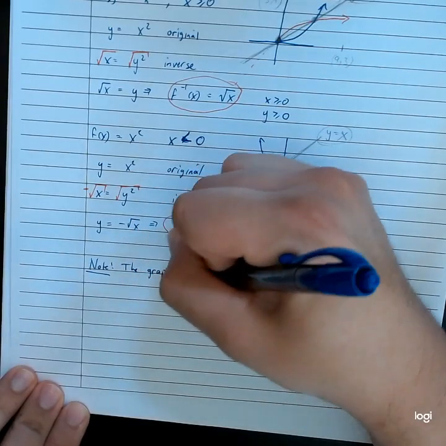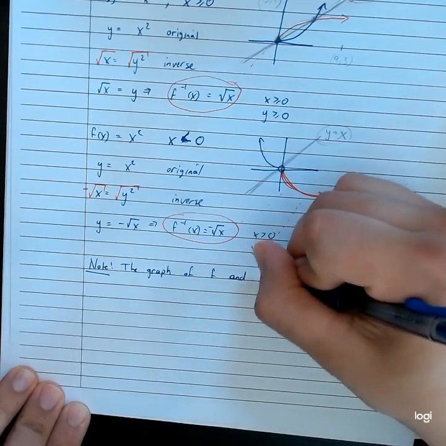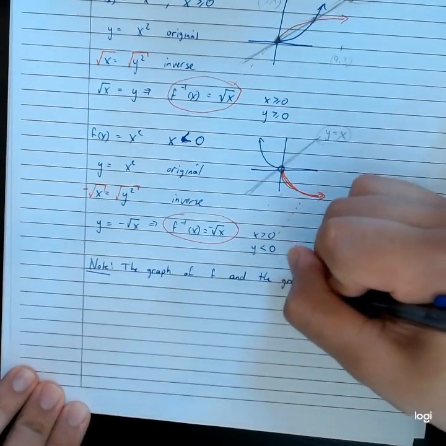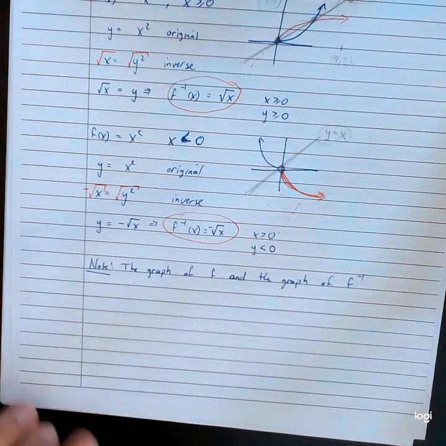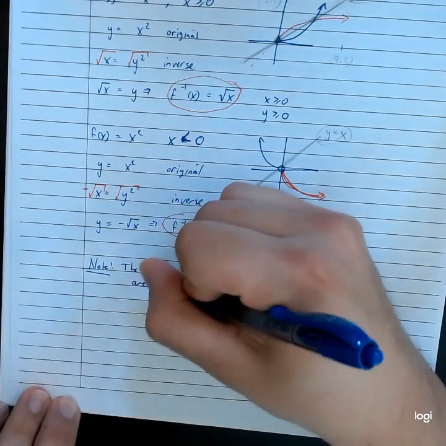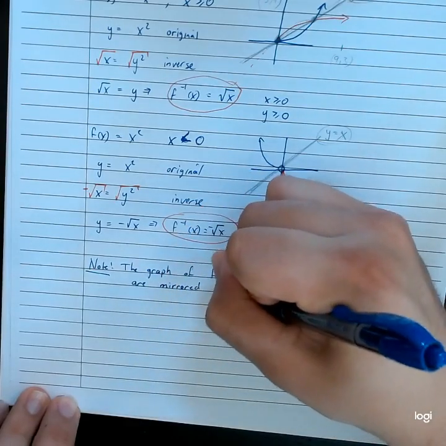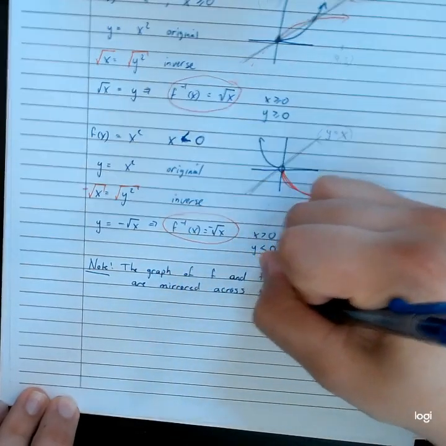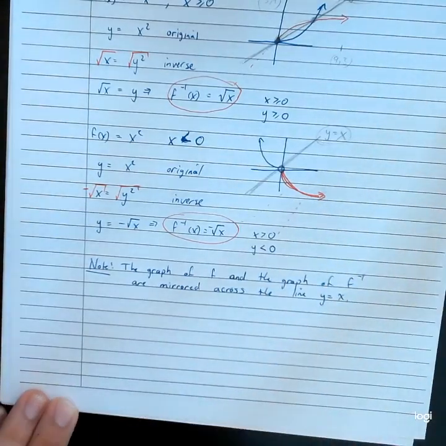So here, note the graph of f and the graph of f inverse, and it doesn't matter what f or f inverse are as long as they're inverses of each other. The graph of f and the graph of f inverse are mirrored across the line y equals x.